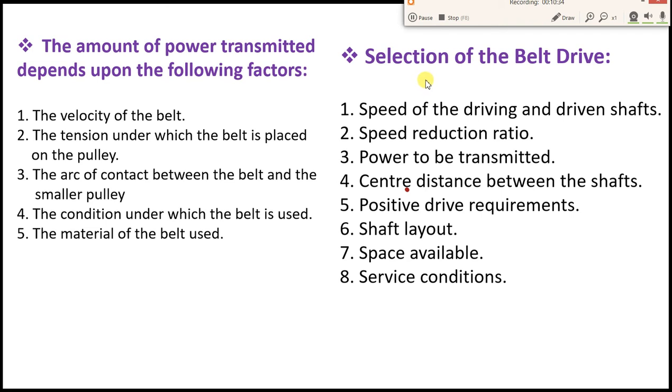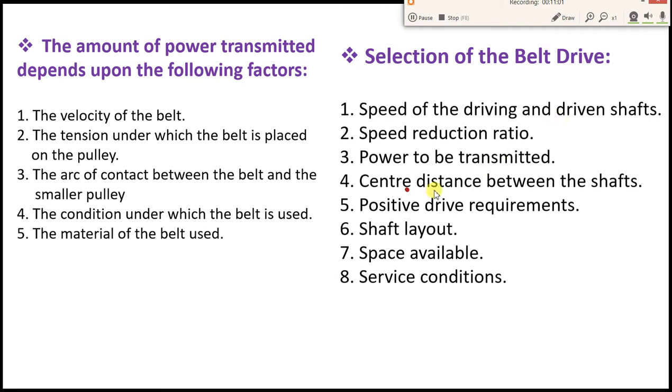Then the second point is selection of belt drive. How are you going to select the belt drive? First point is speed of driving and driven pulley. Second is speed reduction ratio. What is the speed of the input pulley, what is the speed of the output pulley, what are the different diameters. If the input pulley diameter is more and the output pulley diameter is less, then there is a change in the speed.